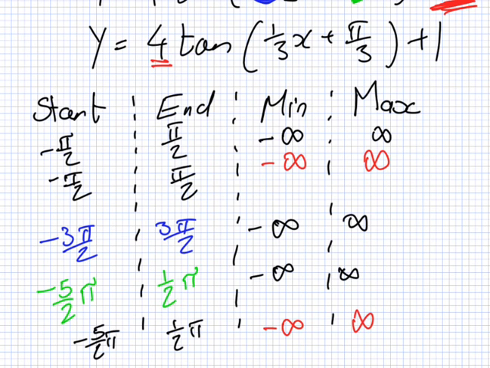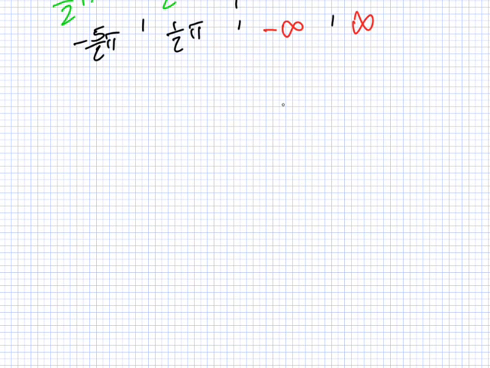So you can see with the tangent graph not much happens really. In fact, all that really happens is you change where you start and finish. So the graph now will look like this.